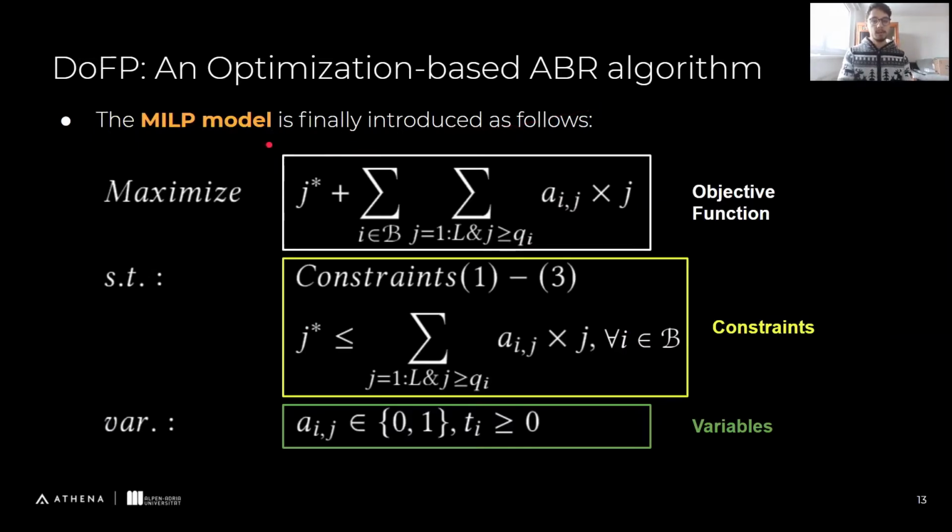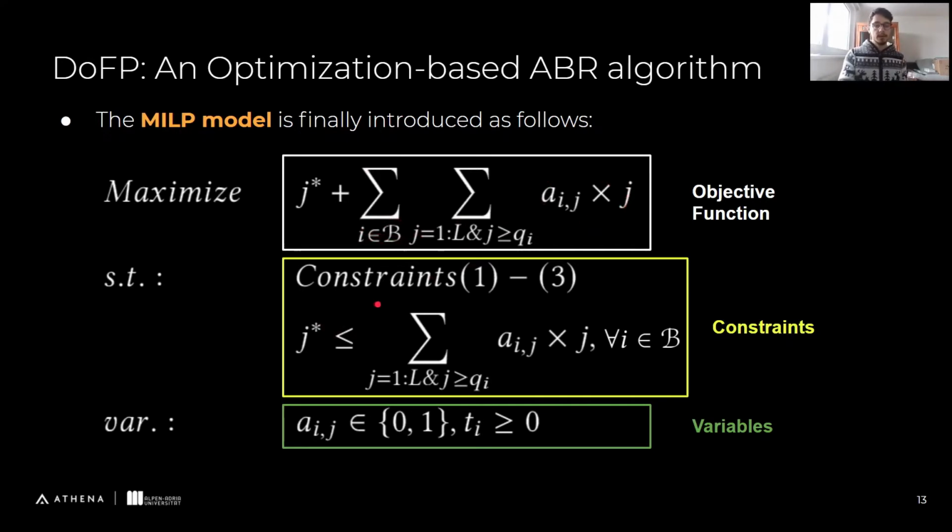Lastly, the MLP model is introduced as follows. We want to maximize the J star, which is the minimum quality among the segments. As you can see here, J star needs to be lower or equal than every other J, every other quality in the set B. Plus, we also want to introduce another factor, which is the quality for each segment, which is the sum over all the segments of the quality value.